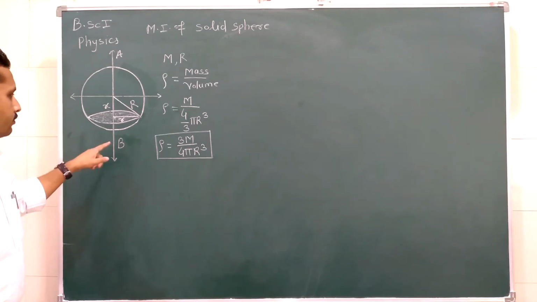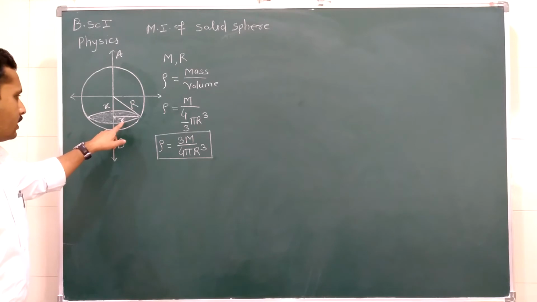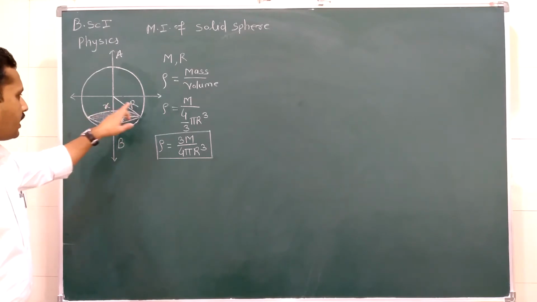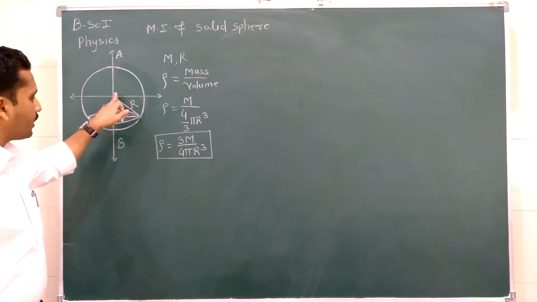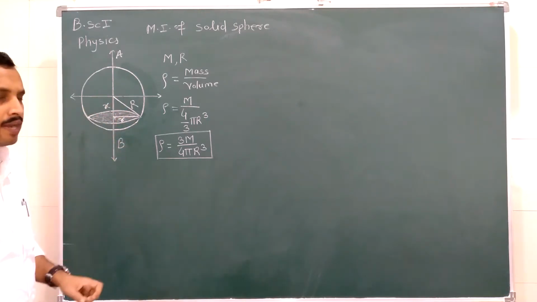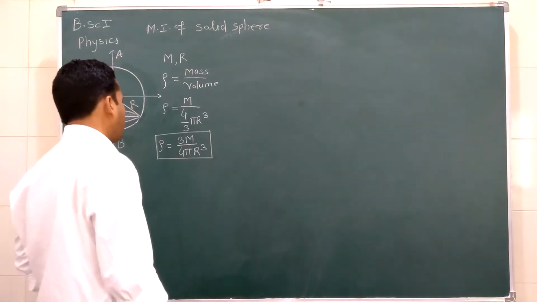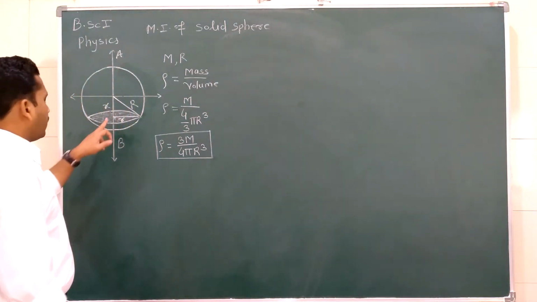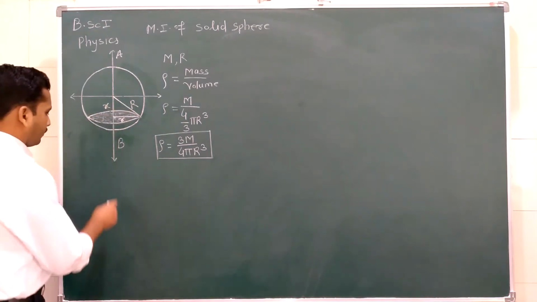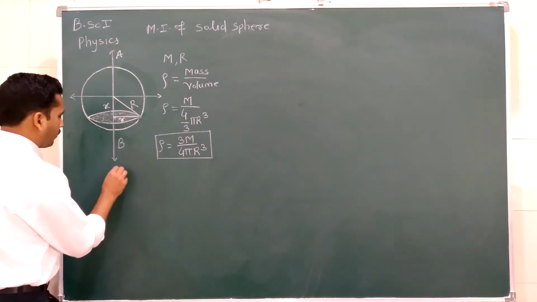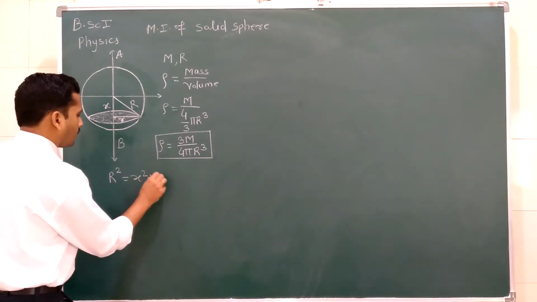Therefore, if we have to find the relation between this r, x and capital R, this is a right angle triangle, and we can use the Pythagoras theorem. The square of the hypotenuse, R square, is equal to x square plus r square.